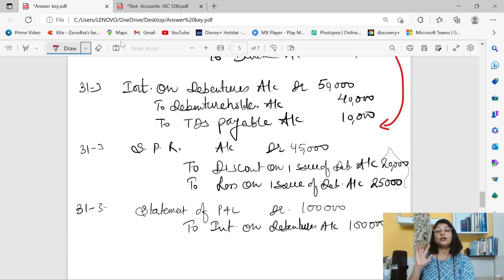So as we know, there are only 5 specific uses of security premium reserve, and out of which 2 uses are writing off discount on issue of securities and writing off premium on redemption, which is paid on redemption. So these losses will be written off from here. We had enough balance in security premium reserve. And the second thing which we have to close, and for which SPR cannot be utilized, is interest on debenture. So interest on debenture was 1 lakh, students.